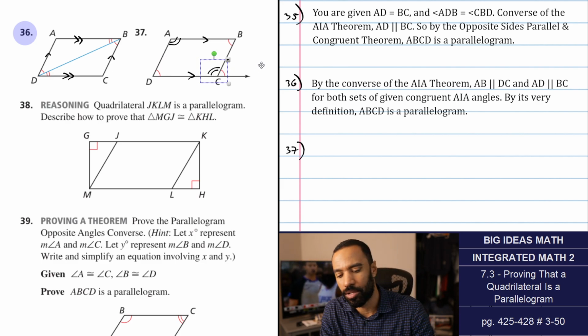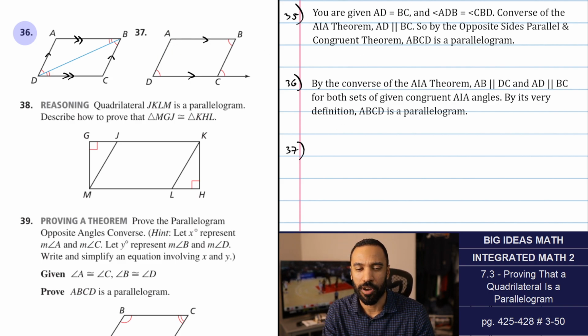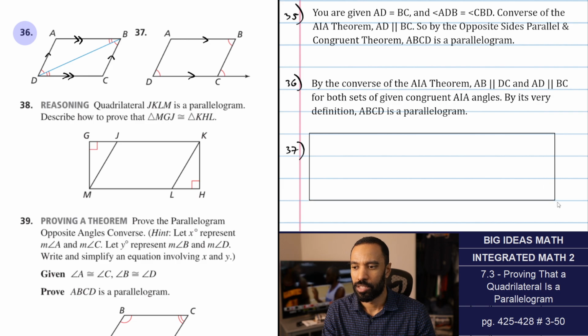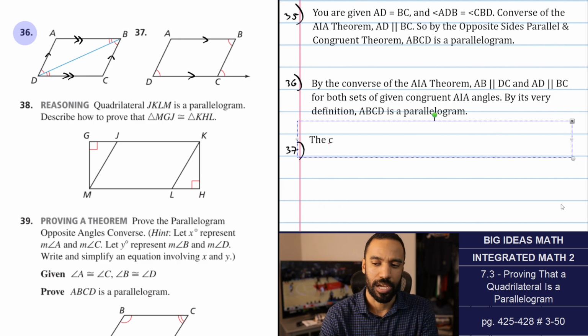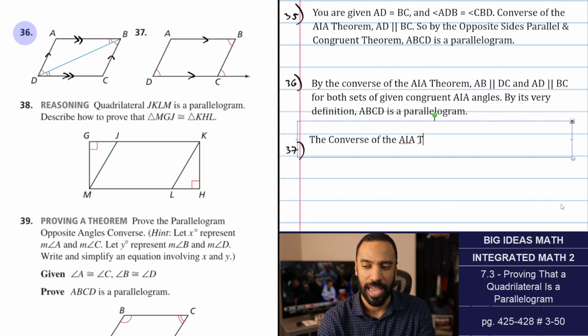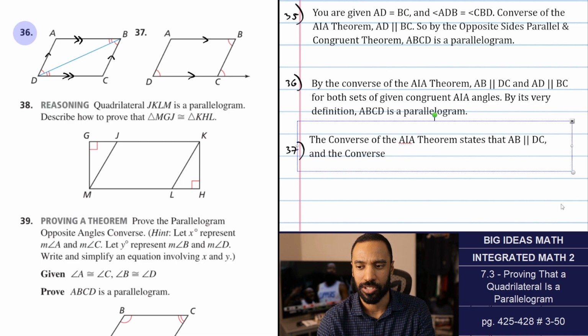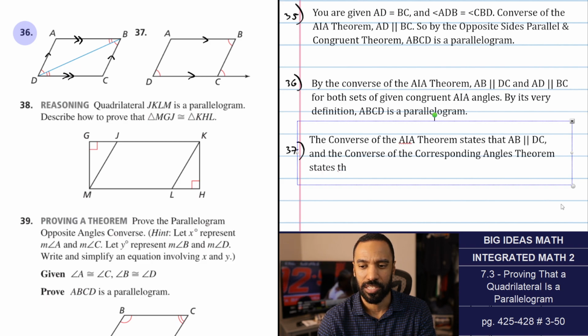Oh, you know what? Okay, hold on. Then I don't have to set these things up. I'll just state that there is a pair of alternate interior angles. So, the converse of the AIA theorem states that AB would be parallel to DC, and the converse of the corresponding angles theorem states that then AD is parallel to BC.